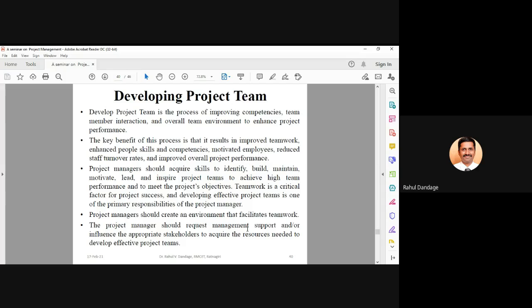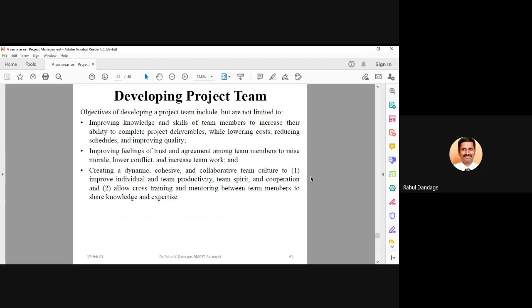So it is the responsibility of the project manager to take into account the needs and requests of the project team members, and with the support of top management as well as some important stakeholders who will be providing the resources, to get the resources as and when required to satisfy the needs of project team members and ultimately develop the effective project team.